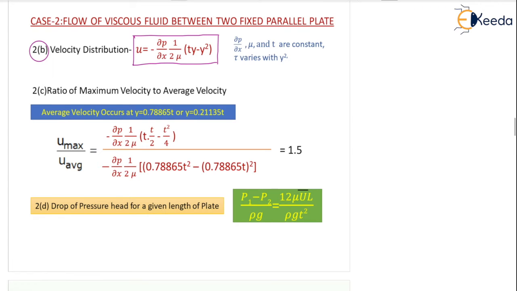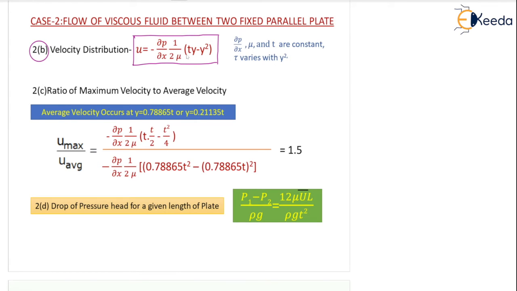Correct? This particular formula is known as velocity distribution for flow between two parallel plates. But what is the importance of this equation? This equation is the general formula for finding velocity at any point between the two plates.